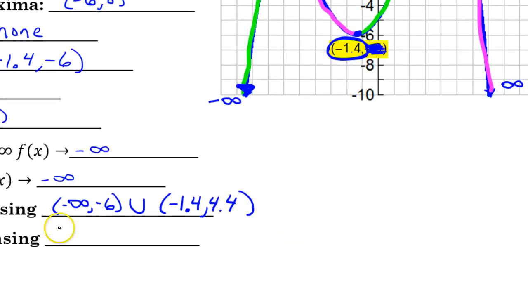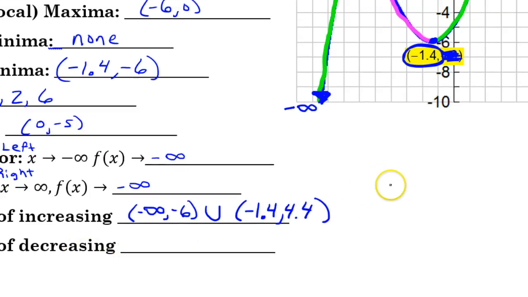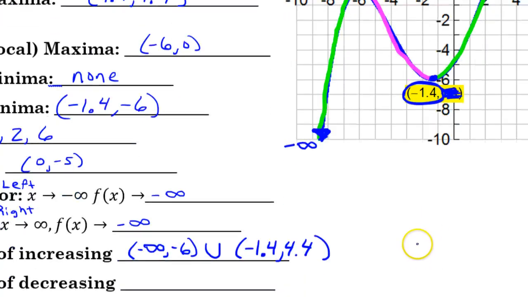Now let's talk about the decreasing intervals. Decreasing intervals are shown here in pink. So I've got one going from -6 to -1.4, strictly x values. -6 to -1.4.